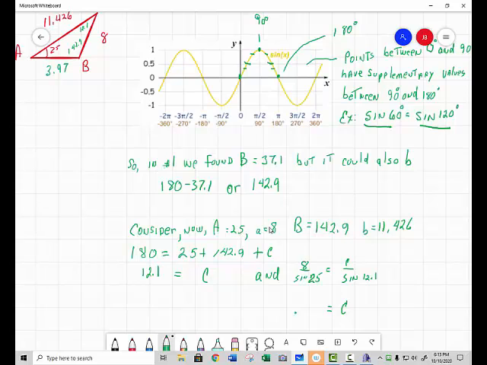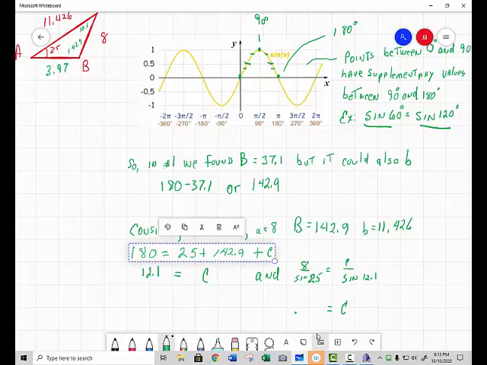And side B is still going to be 11.426. I have to consider both of those. Well, I know the 25 and the 142.9 plus C will be 180. That's a given. So I can subtract the sum of those two, and I find out that C is going to be 12.1, just like we did before.